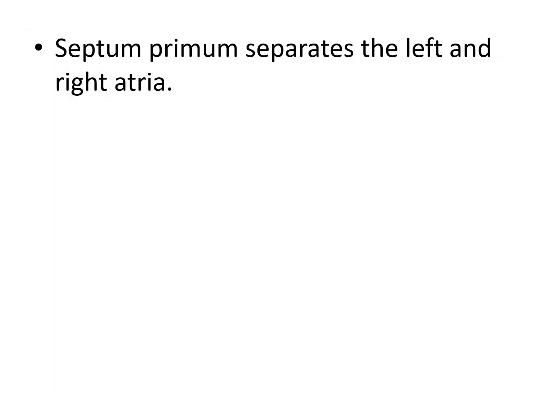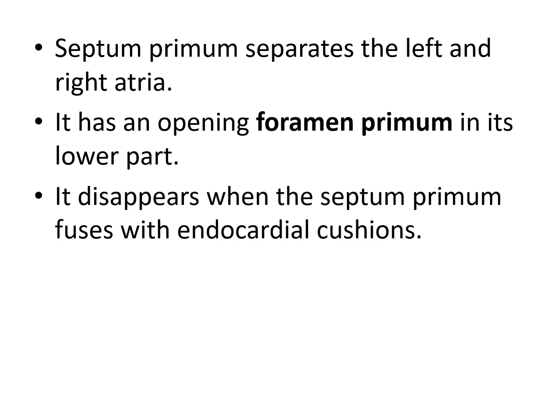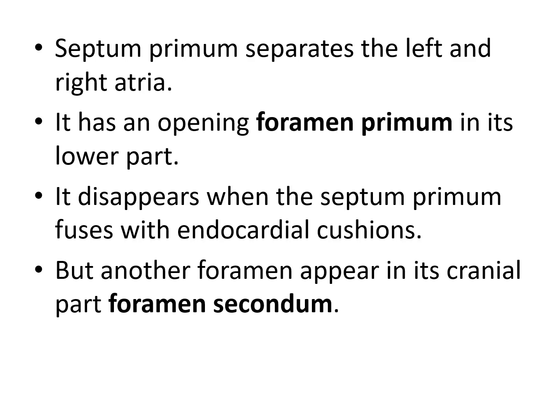So this septum primum separates the left and right. It has an opening downward, which is foramen primum, the lower part. This foramen primum disappears because the septum primum fused with the endocardial cushion. But while it is disappearing, another foramen will appear, and this is foramen secundum.